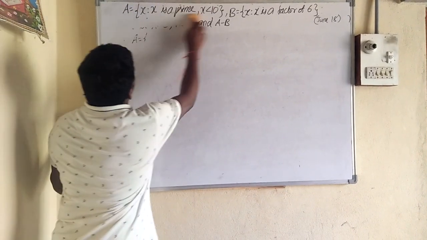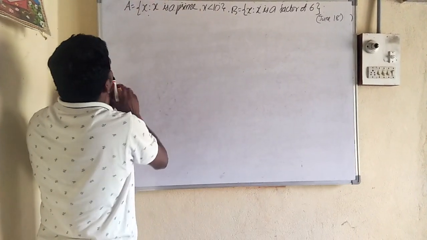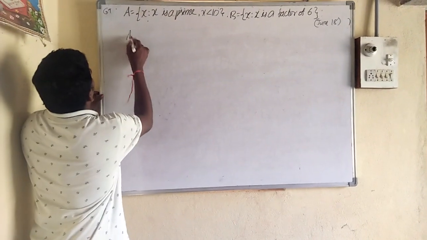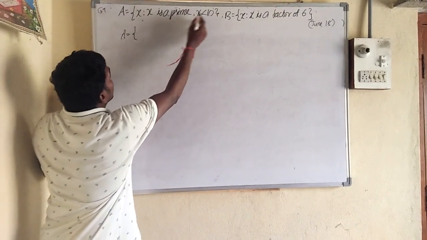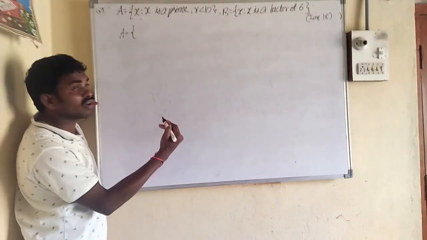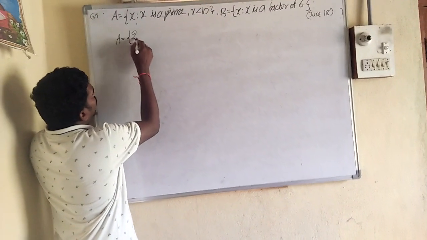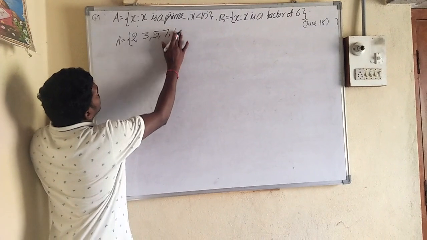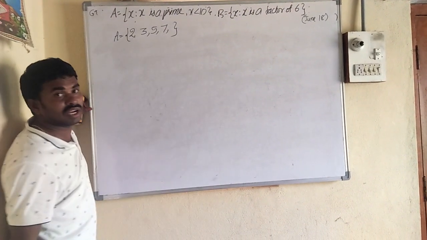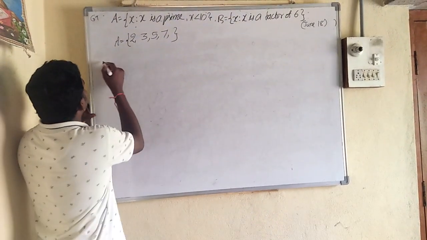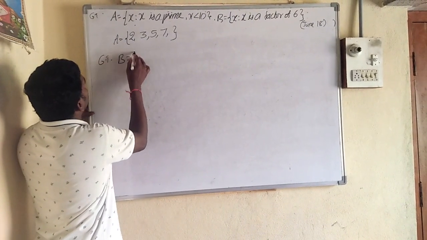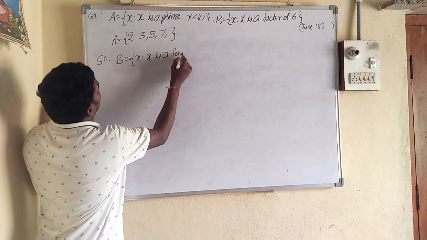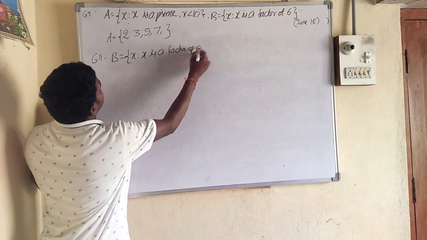Given that x is a prime, therefore A equal, what are the primes less than 10? Before 10 the prime numbers are 2, 3, 5, 7, that's all. And given B, x is a factor of 6.